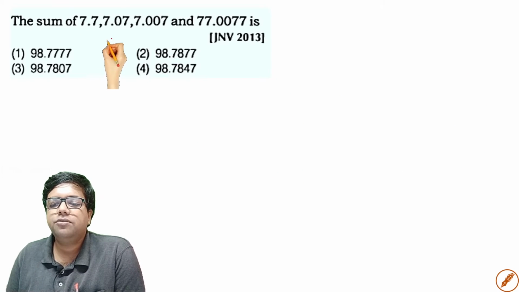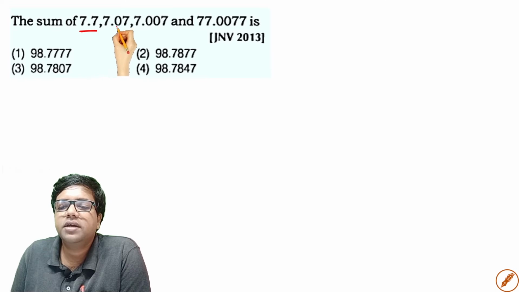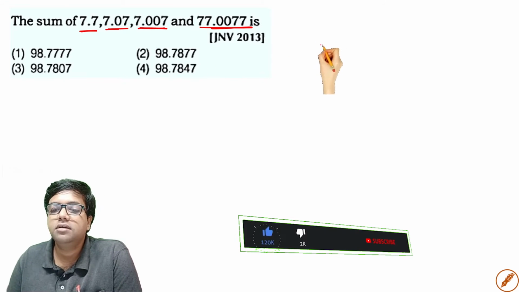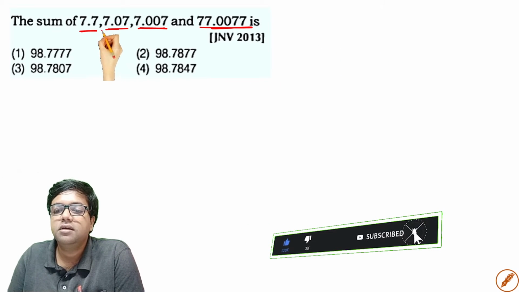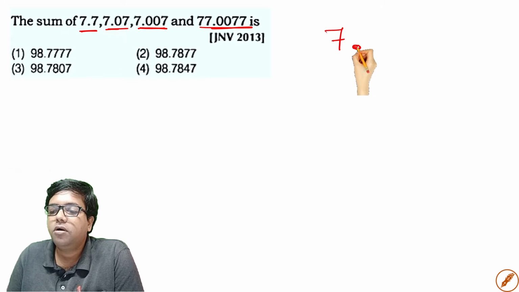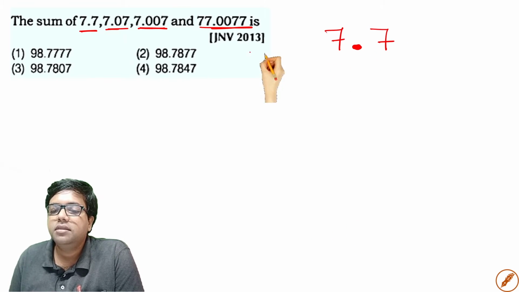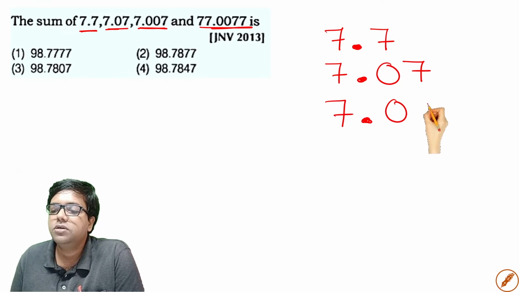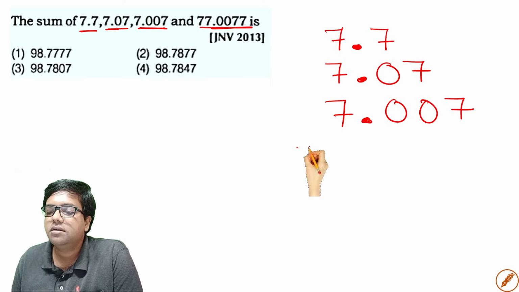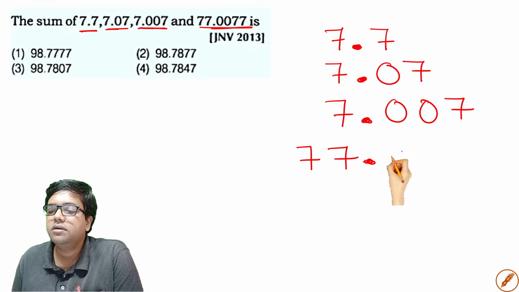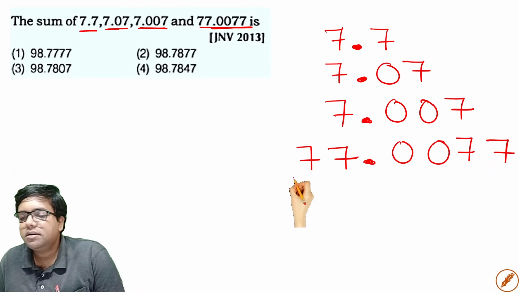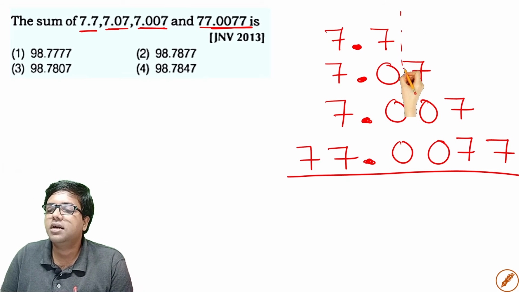The sum of... this is made to confuse you. Identify the numbers separately like this, because the comma will confuse you as a point. It is a comma, the separator. It is not the decimal point. 7.7, then 7.07, 7.007, 77.007.